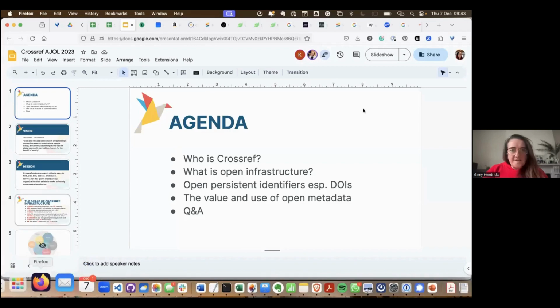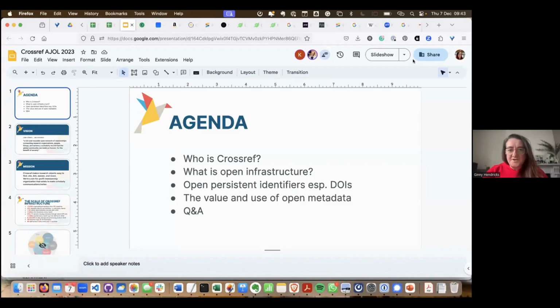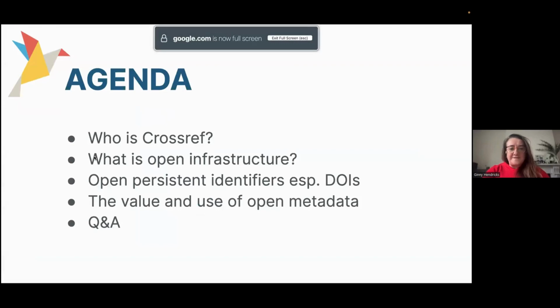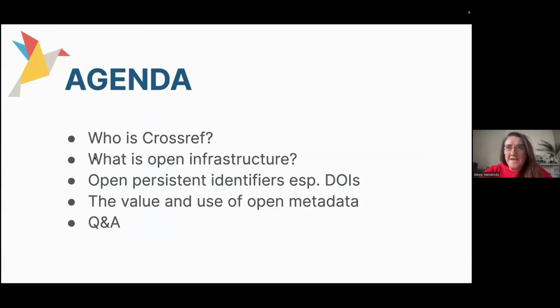Today, we'll do an introduction to Crossref. Who are we? We will definitely talk about digital object identifiers, DOIs, so continuing what Kylie has introduced us to. I'll talk a little about open infrastructure in general, and then we'll go a little bit around what Crossref and AJOL together can enable beyond registering DOIs.